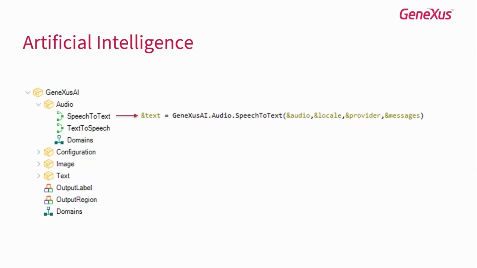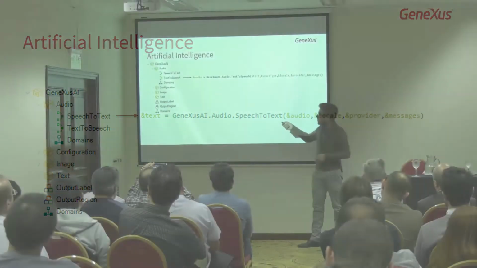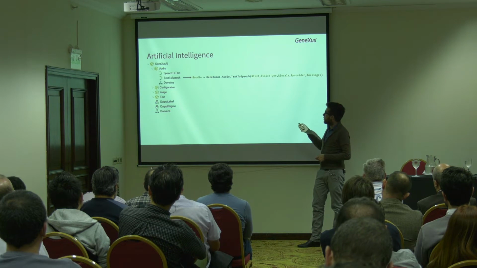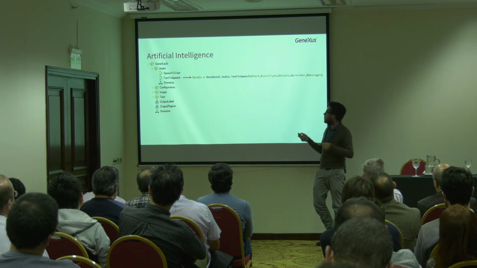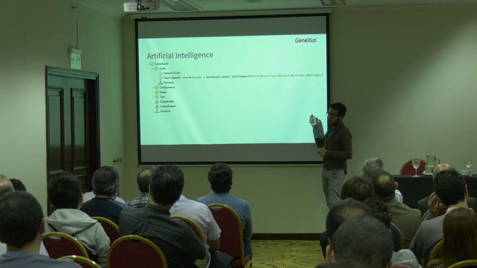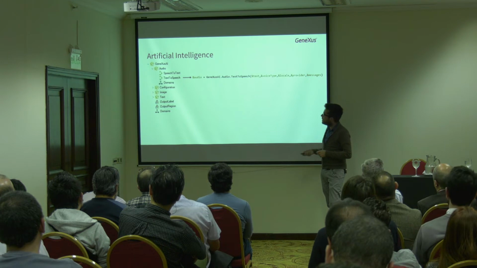It could be the specific case of the Spanish from Spain, then the SAP provider, and this to handle the errors that the system can return, a parameter, a configuration, etc. The interesting thing is that on the basis of this audio we get the plain text of what is being said. We have the text to speech, which has additional parameters like male or female voice, and these last two parameters are common to all of the methods that we may find in GeneXus.